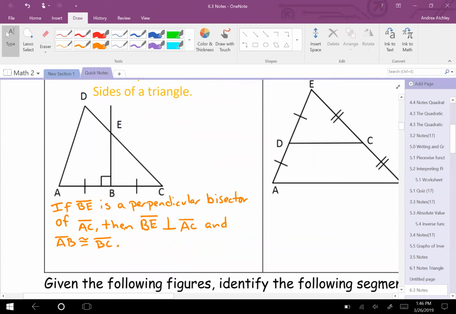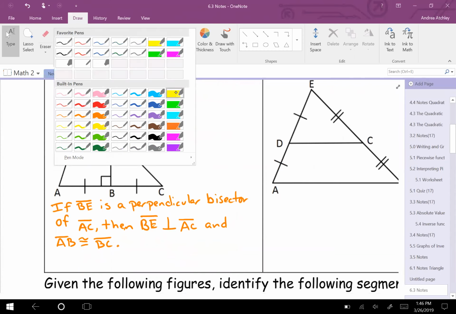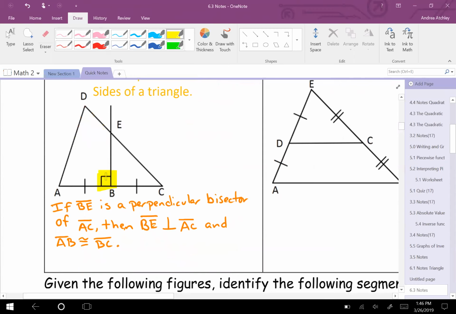Okay, and again, to show that, you would need to have your right angle and those congruency marks. You need both of those to say it's a perpendicular bisector.